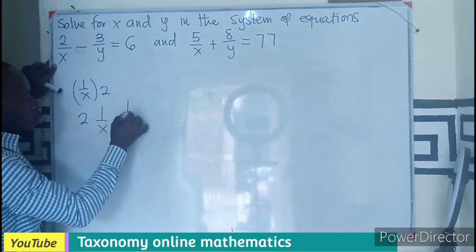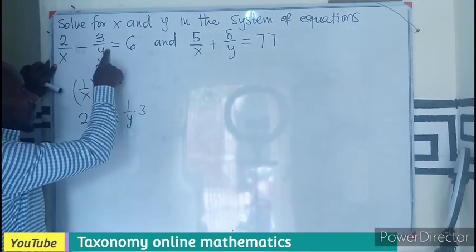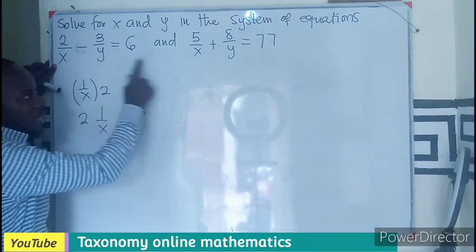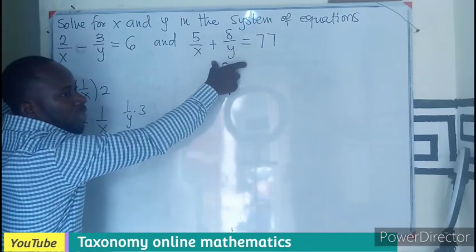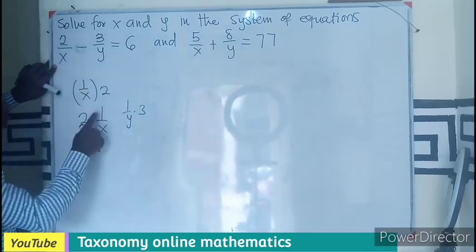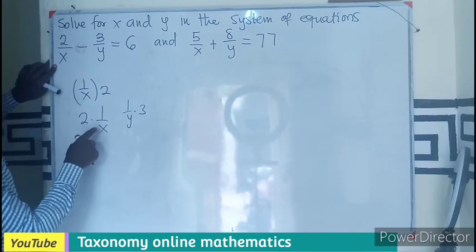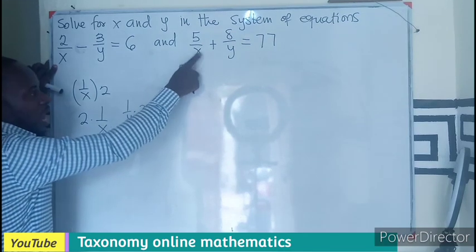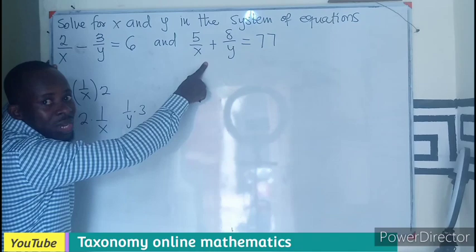And 1 over y times 3 is here in equation 1, and 1 over y times something in equation 2. So if I replace 1 over x by a particular variable, it will have effect in the second equation.